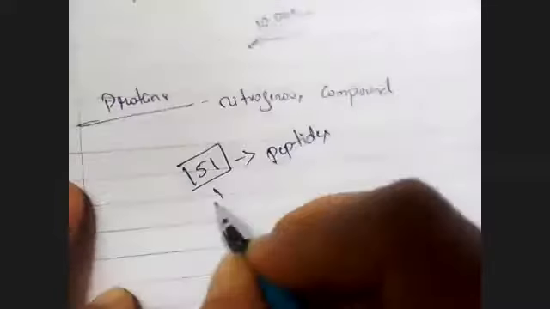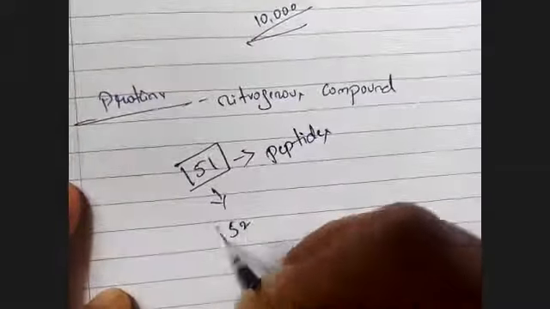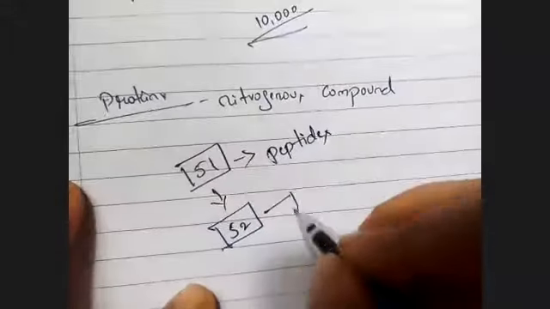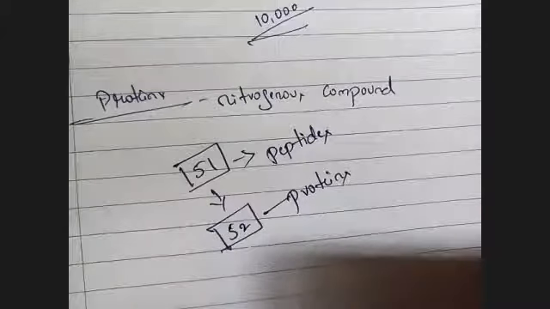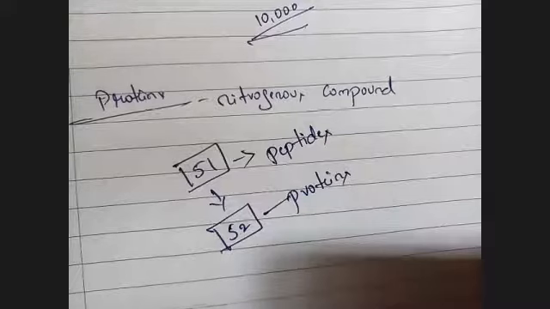But if it crosses 51, we call it a protein. Till 51, it is peptide. After 51, it is protein.